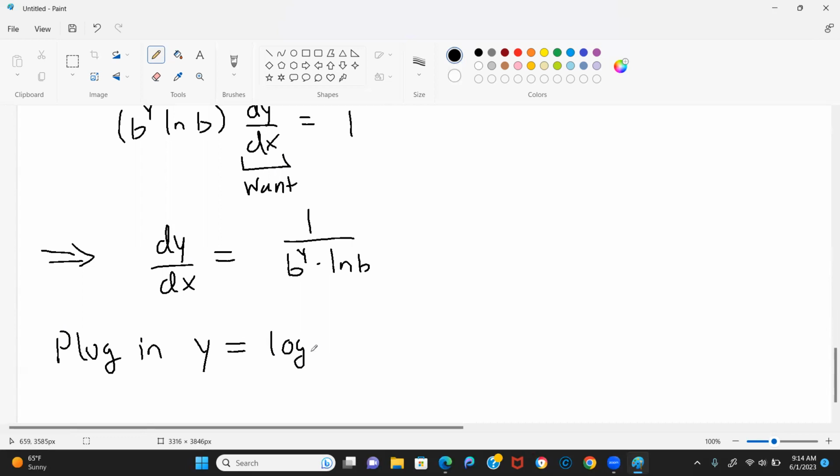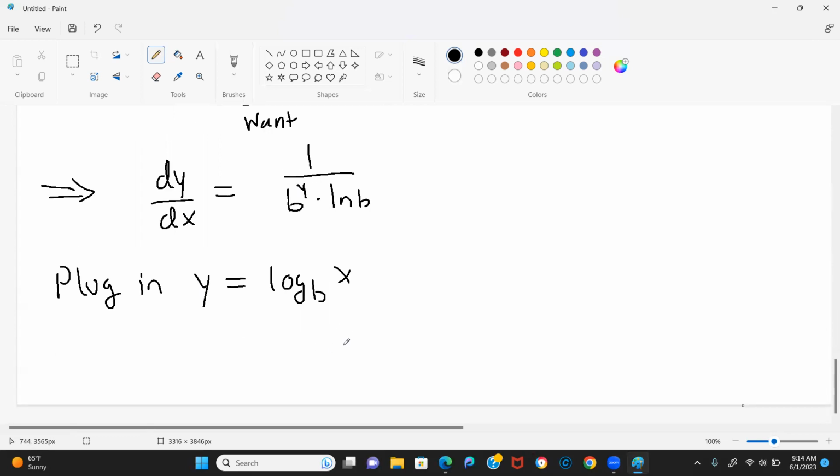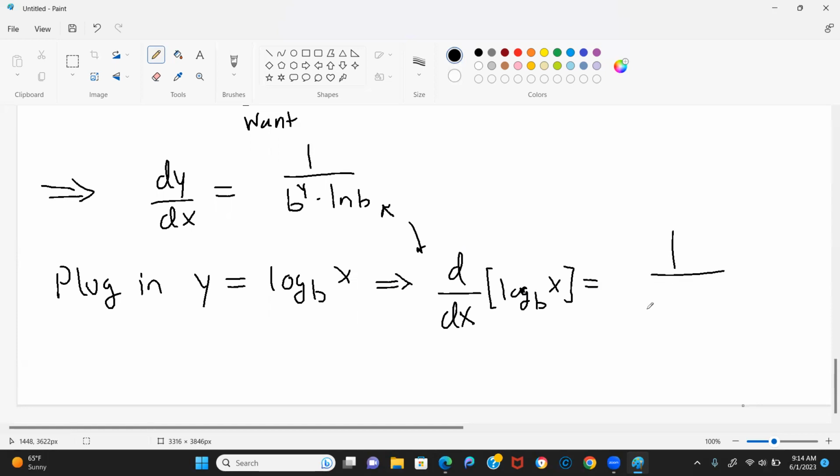What was y again? Remember, it was the log base b of x. If you plug that in, the derivative of log base b of x is equal to 1 over b to the log base b of x, times ln of b.